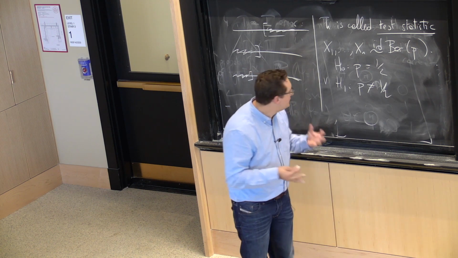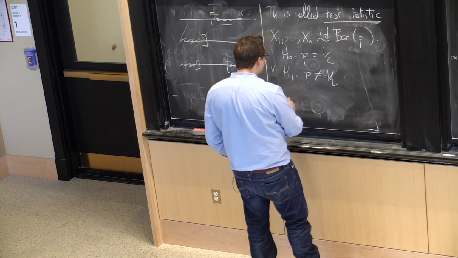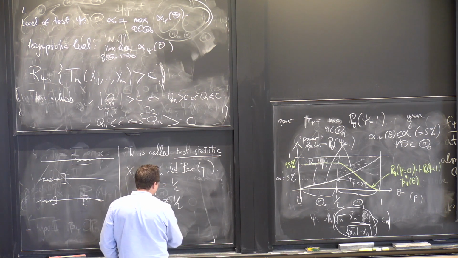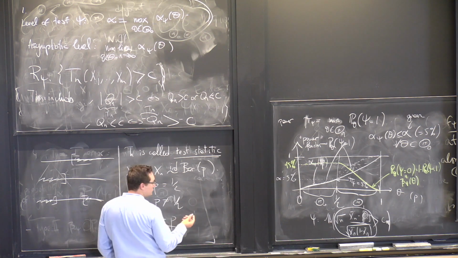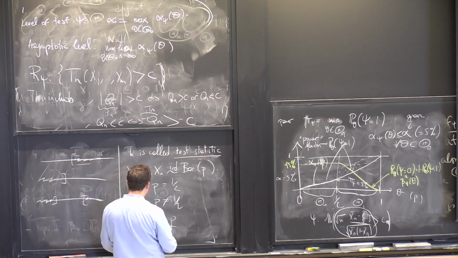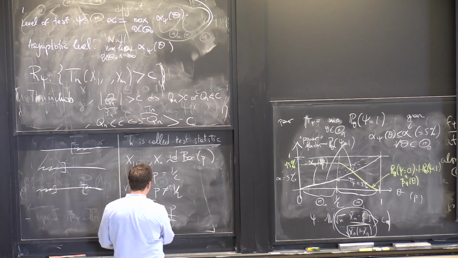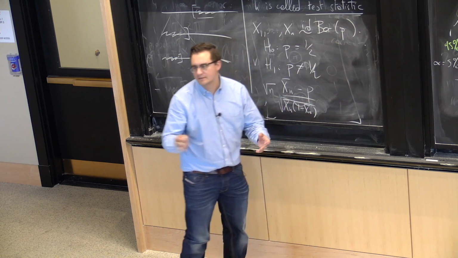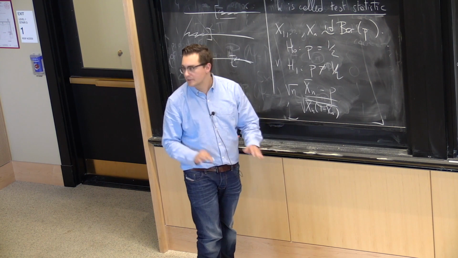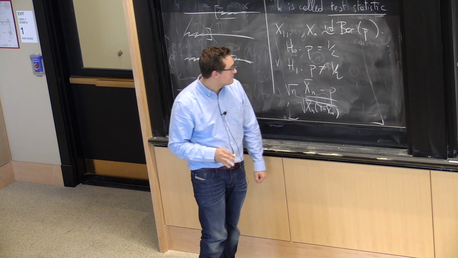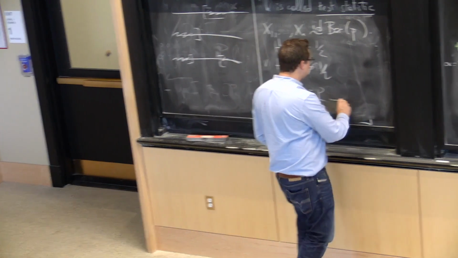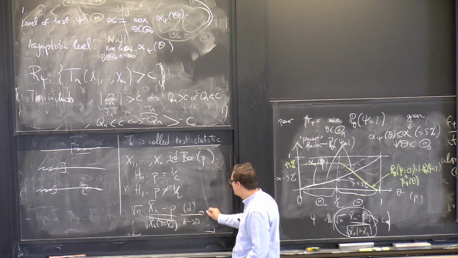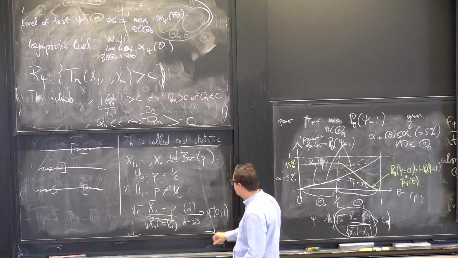All right? So what we did is we said, well, the central limit theorem tells me that square root of n, xn bar minus p divided by, so if I do central limit theorem plus Slutsky, for example, I'm going to have square root. Okay? And we've had this discussion whether we want to use Slutsky or not here, but let's assume we're taking Slutsky wherever we can. So this thing tells me that by the central limit theorem, as n goes to infinity, this thing converges in distribution to some N(0,1).